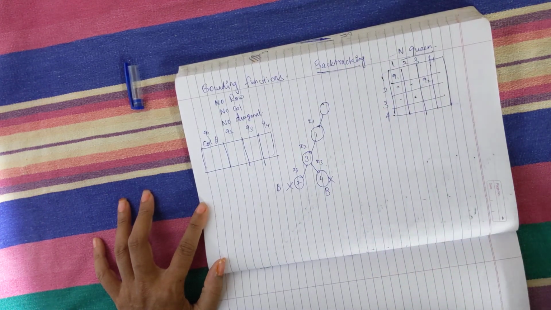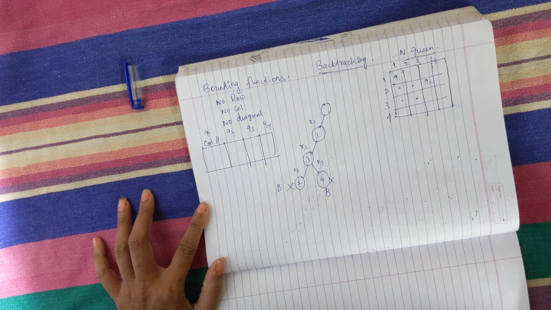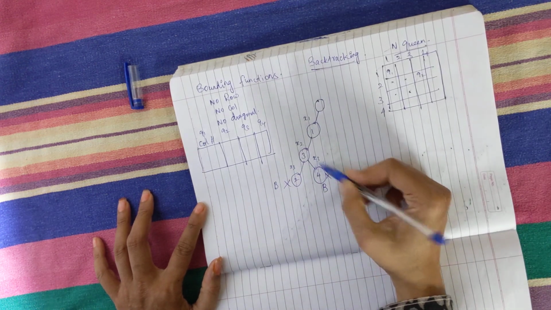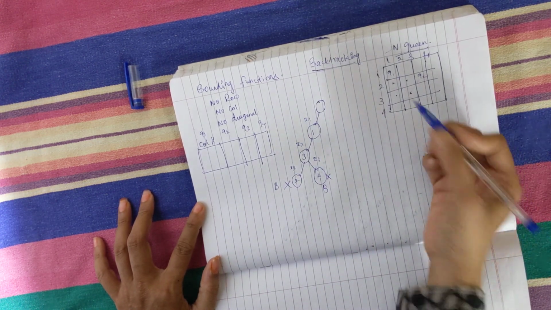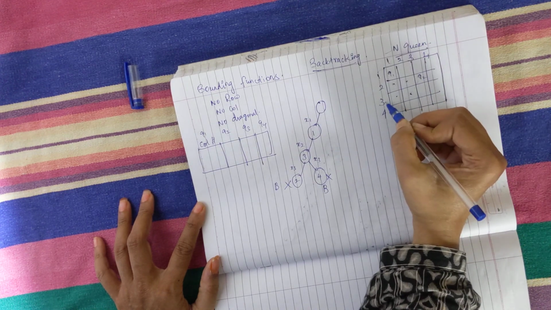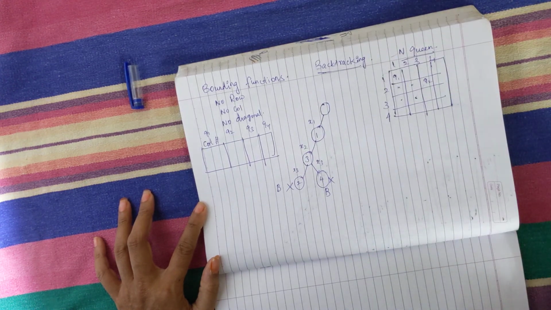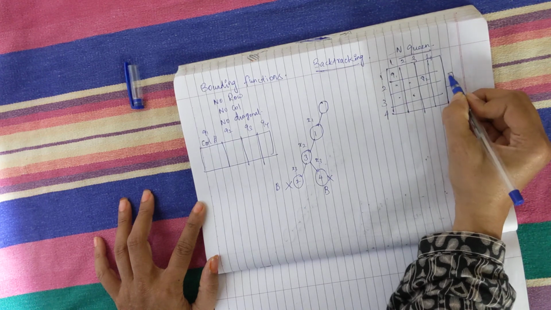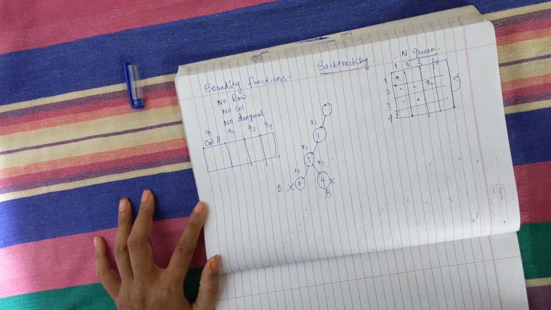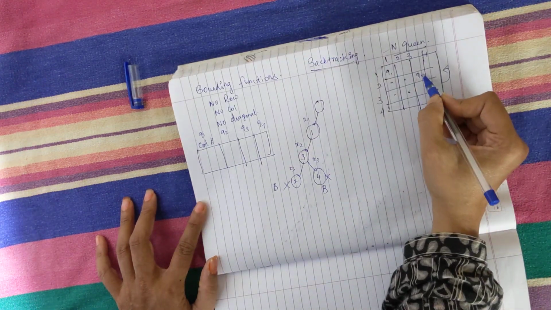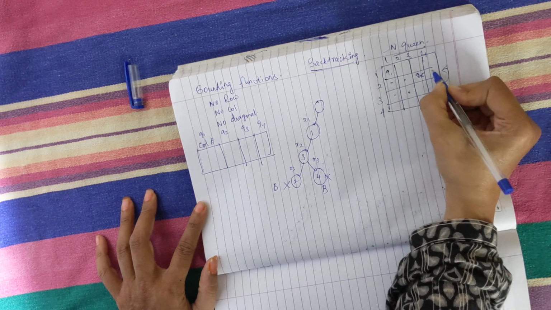This leaves Q3 no place. Placing Q2 in column 3 is not giving any place to Q3, so move back and see whether you have any other option for Q2.